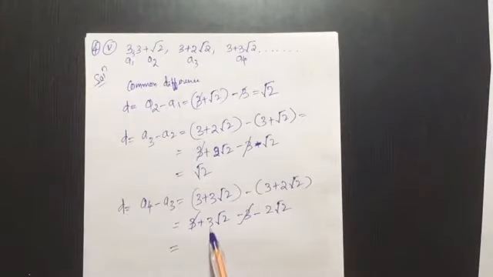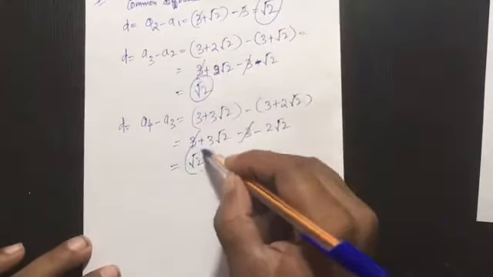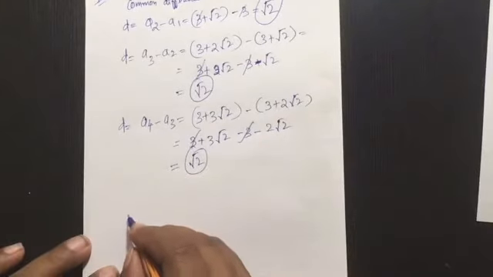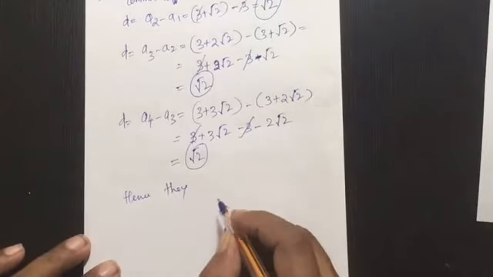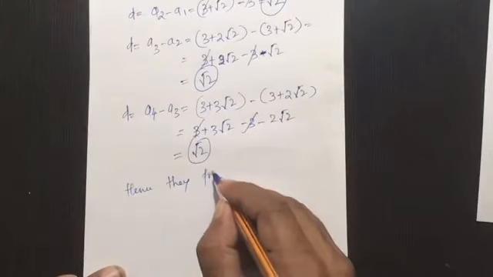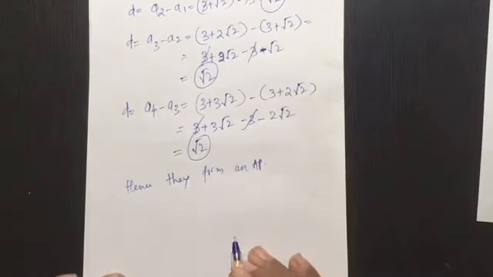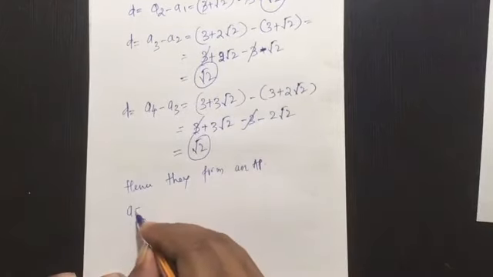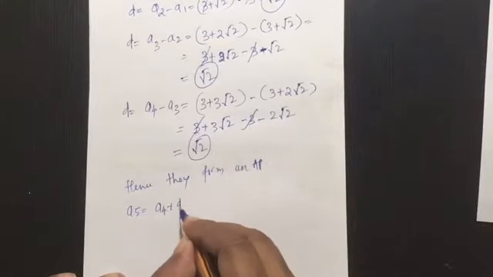So what happens? 3 minus 2 is 1, that is root 2. So we are getting the common difference is root 2, hence they form an AP.